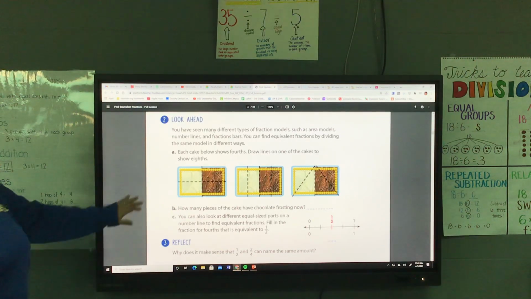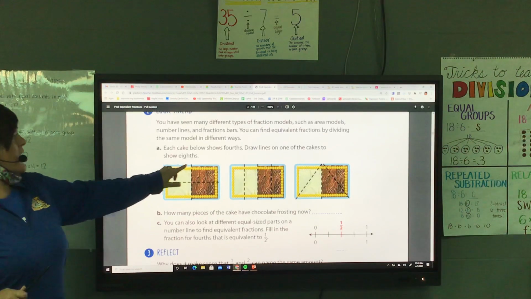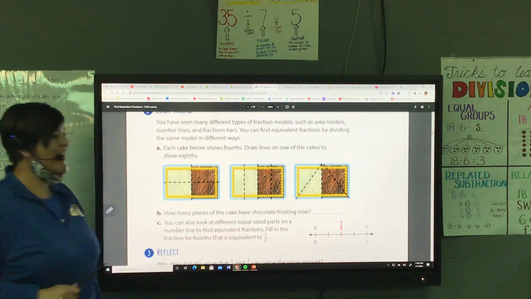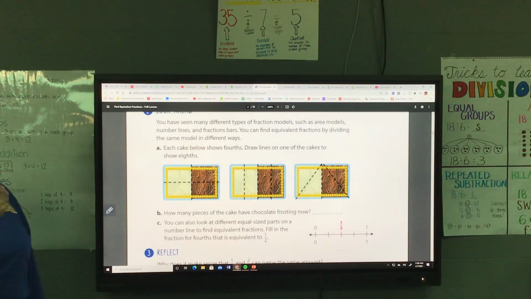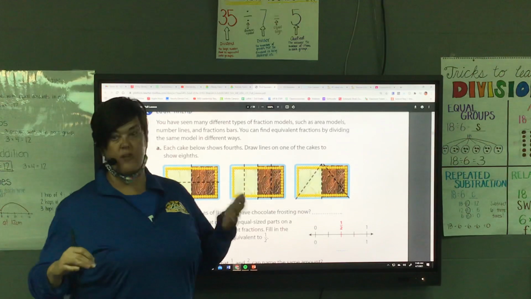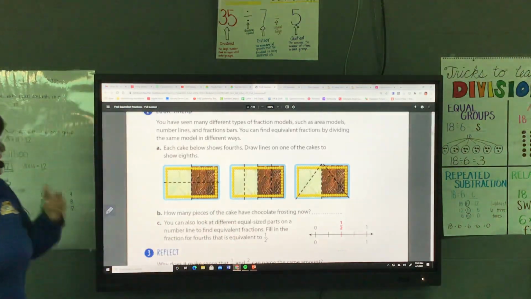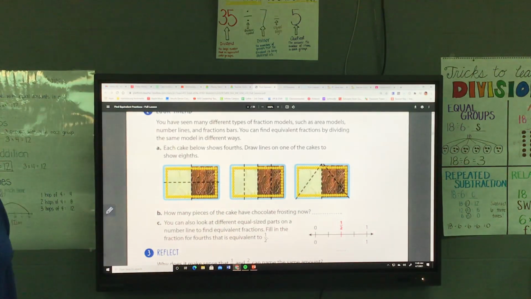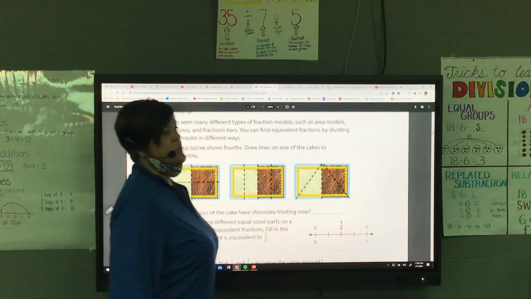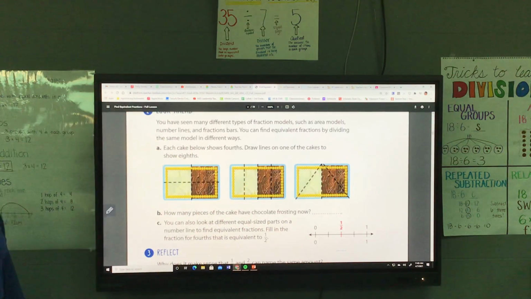Draw lines on one of the cakes to show 8ths. But remember, it has to stay all chocolate or all vanilla, right? So which one would be the easiest way for you? Choose one of those cakes to show 8ths.